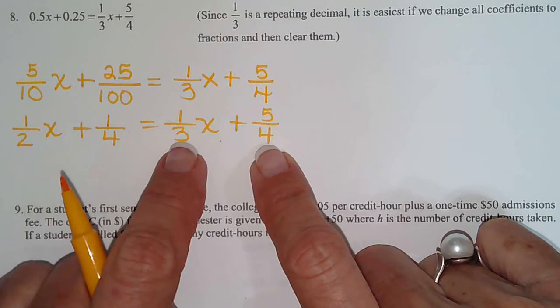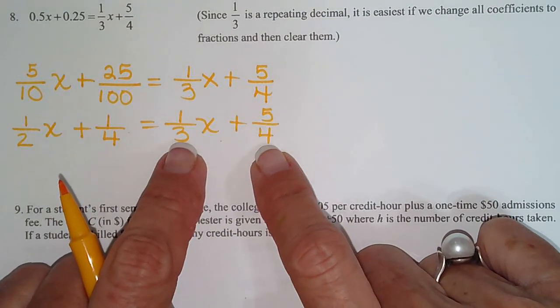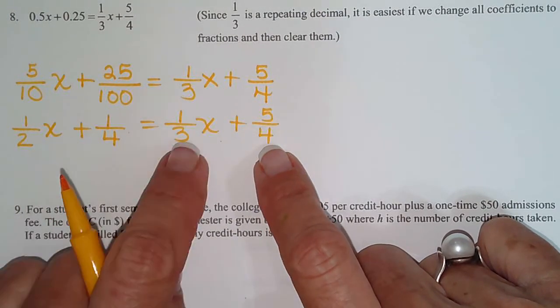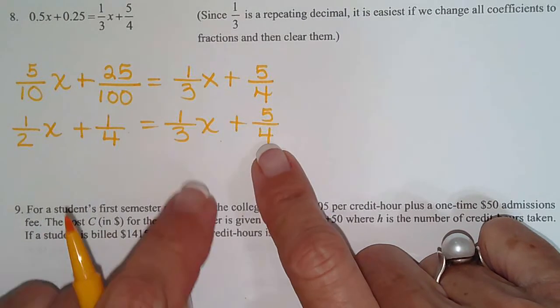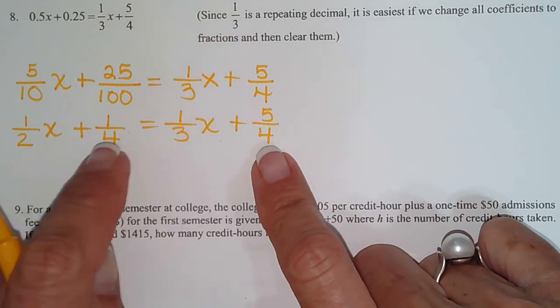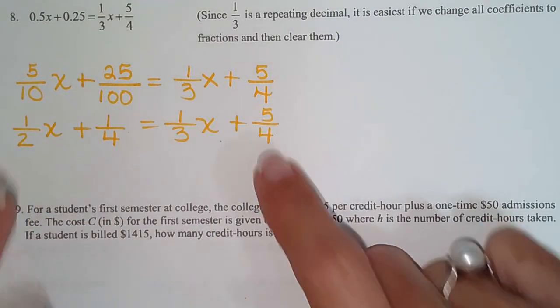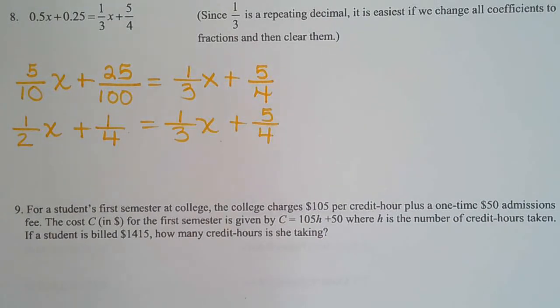So does 4 work? Nope, 3 doesn't go into 4. 4 times 2 is 8. Nope, 3 doesn't go into 8. 4 times 3 is 12. Yep, 3 goes into 12, 4 goes into 12, 2 goes into 12. So ding, ding, ding. That would be our LCD, is 12.